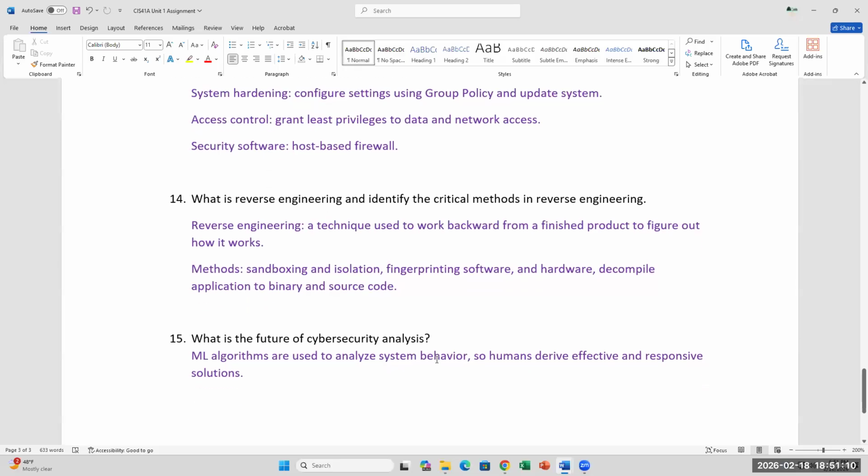Okay, so what's the future for me? Well, machine learning algorithms can be used to analyze your system behavior, as AI is here and is here to stay. And so does that mean that it's going to affect my job? Really, we build technology to streamline things, right?